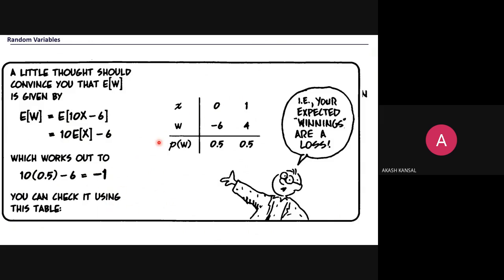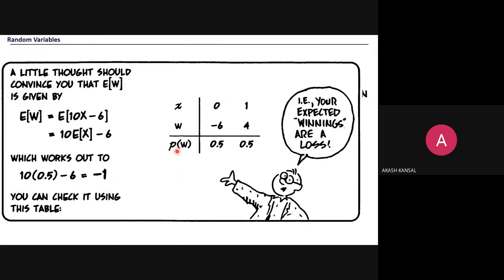Let's talk in terms of a table. This is the random variable x, which is just the coin toss. The outcomes are 0 and 1, and this is my winning random variable W. If x is 0, W will be minus 6, and if x is 1, W is going to be 4.